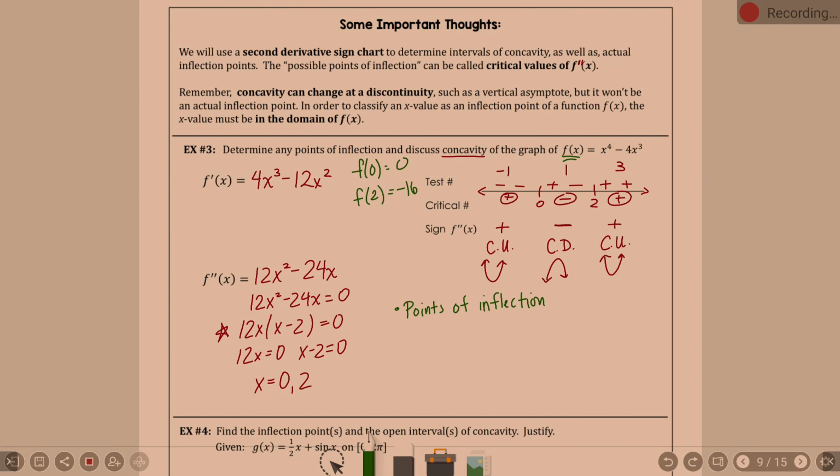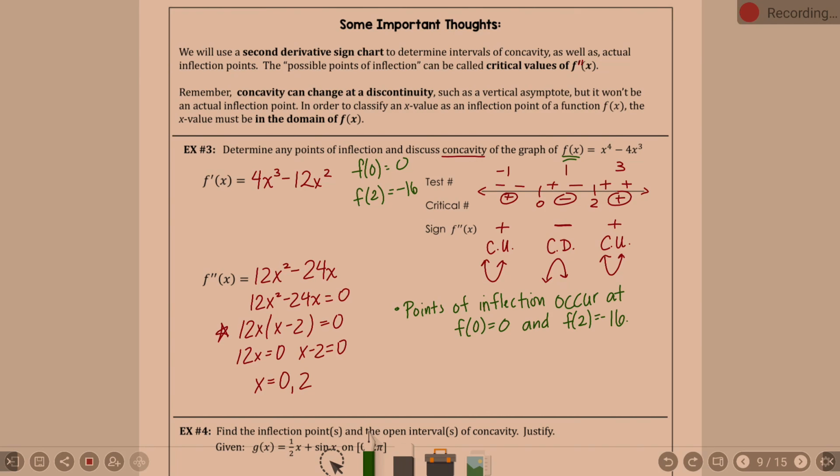So points of inflection occur at, f of 0 equals 0, and f of 2 equals negative 16. So that we determined any points of inflection.